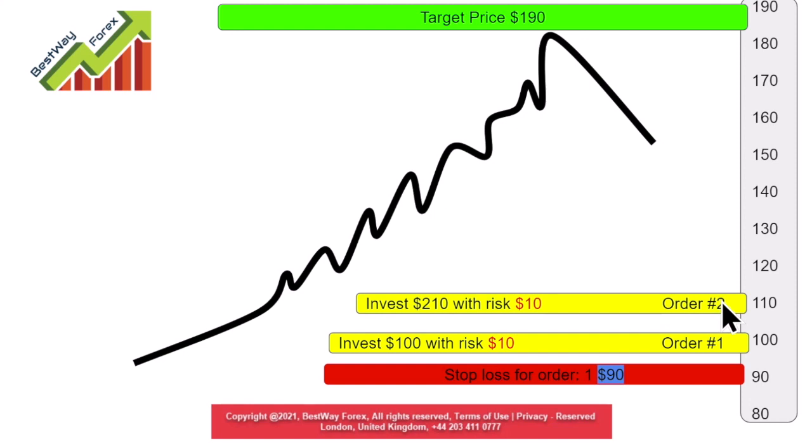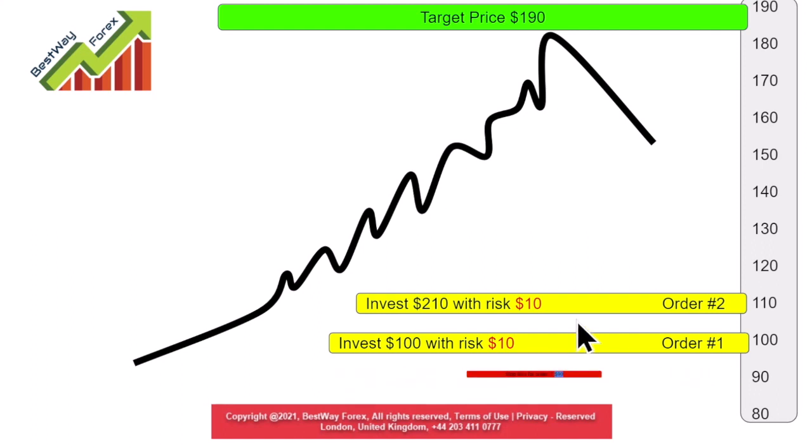Once we place order number 2 here, in total we have invested 100 here and 110 here, but this time we will use the stop loss here. So we remove that stop loss and put a new stop loss which is for both order number 1 and number 2, which is 100.